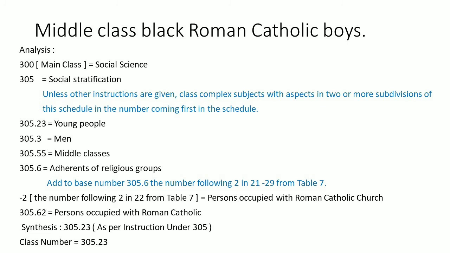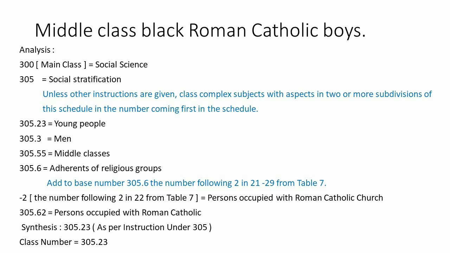If there are more subdivisions in a particular book but there is no instruction to add them, then, as in the last line, you can see, the number coming first in the schedule. The notation which is first in the schedule we have to use. Here the first notation is young people, 305.23.